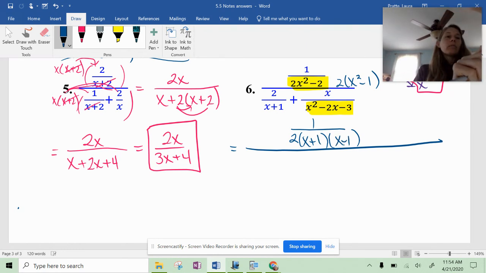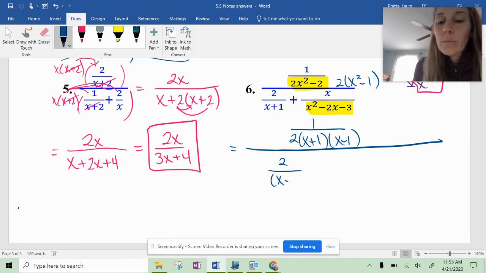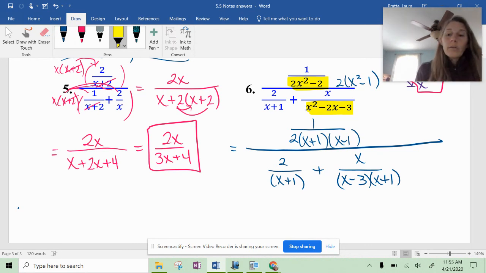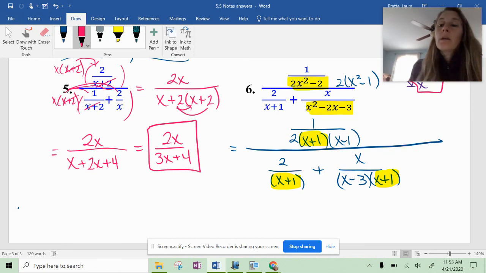Now on the bottom, I have this 2 over x plus 1. And then on this one, I'm going to factor that. The two numbers that multiply to get 3 and subtract to get negative 2 are negative 3 and positive 1. So you can see that we already have this x plus 1 in common.